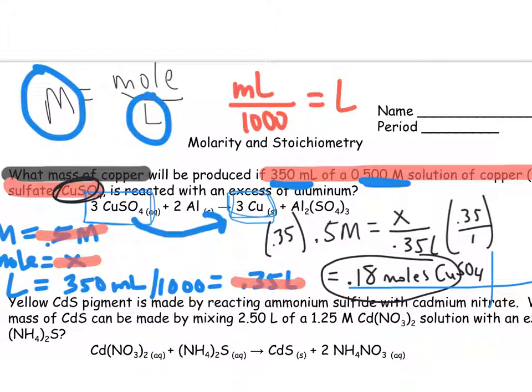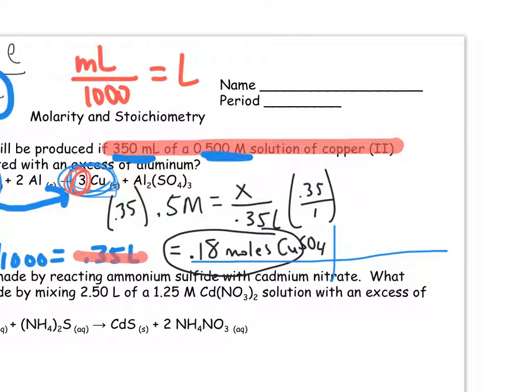Remember, here's what I start with, here's what I want to end with. And our big key thing here is those coefficients. That's almost like a recipe. It tells us for every 3 parts copper sulfate, we're going to get 3 coppers out of it.